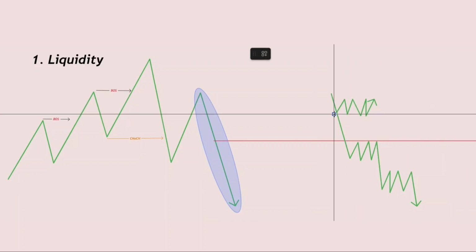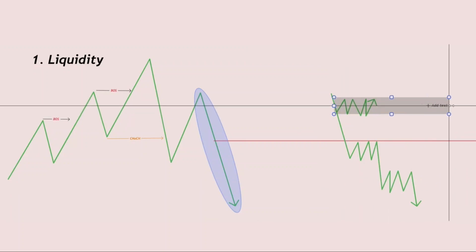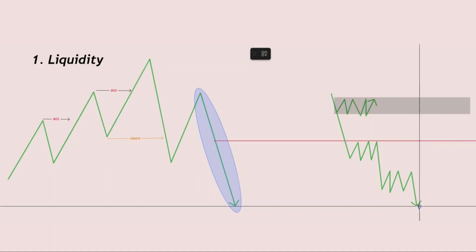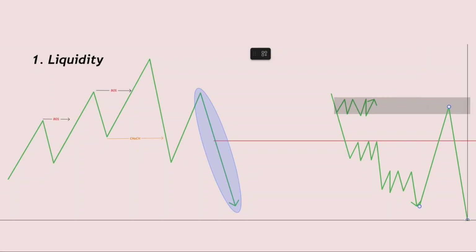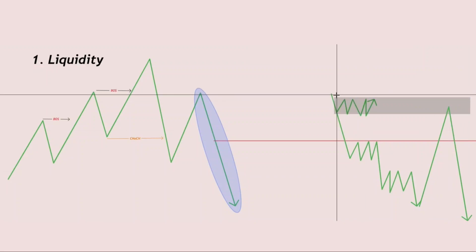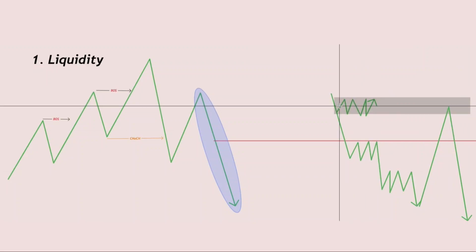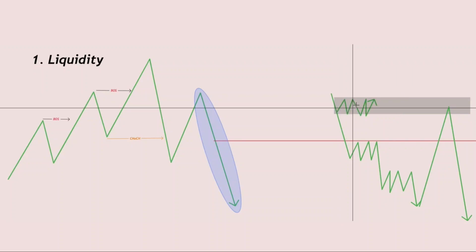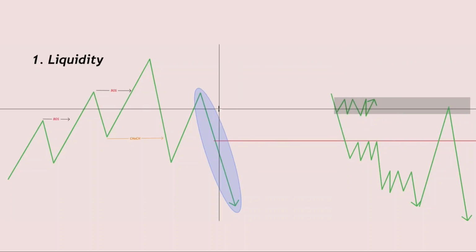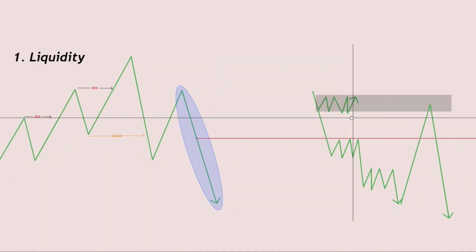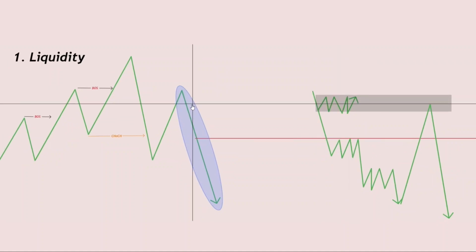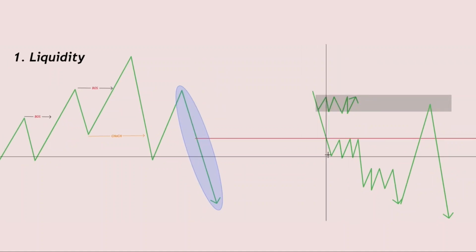I mark it here and I will wait for the price to come here. And then I don't see this as liquidity because this range could be a high time frame supply zone. Are you understanding it? This range could be a high time frame supply zone.